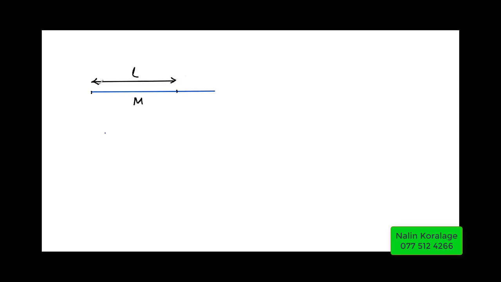This mass capital M is the mass of this selected length L.